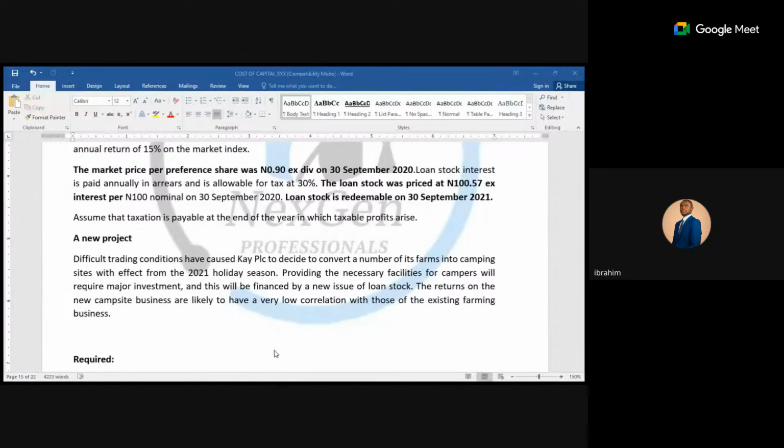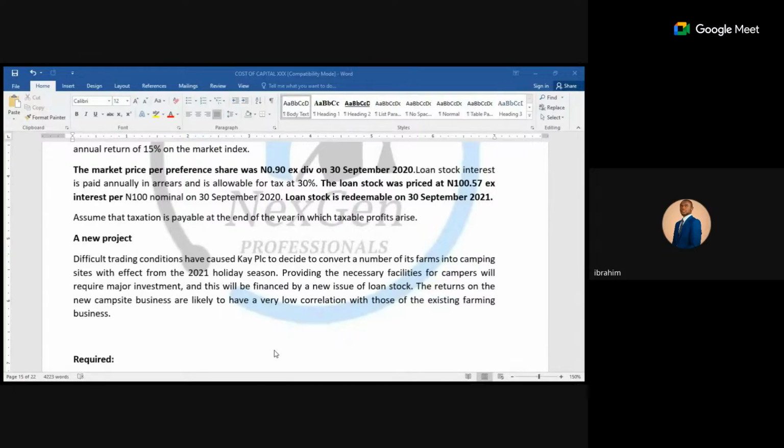Okay. Now, the question is, what is equity beta? Equity beta measures the risk that affects a business, systematic risk. Now, what will make the equity beta change?